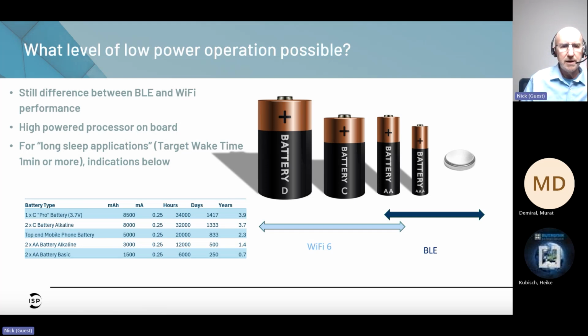So there is still a difference between BLE and Wi-Fi, at least as of today. And long sleep time applications, it's got to be a very long sleep time, because once the radio's on, then you do consume more power. But at least it gives you an idea of what might be possible.